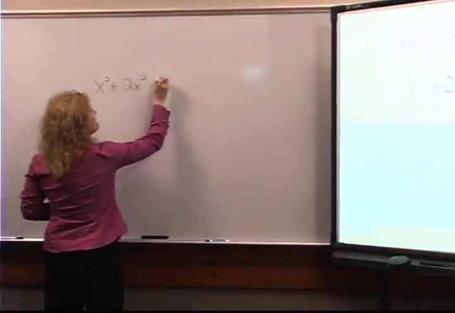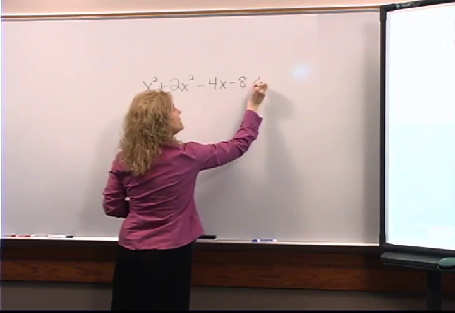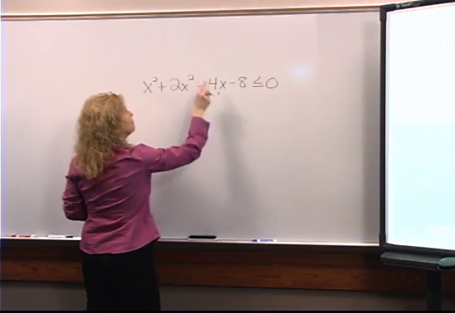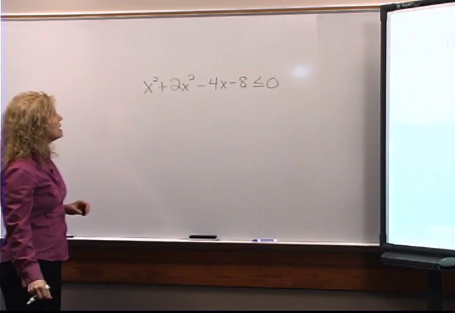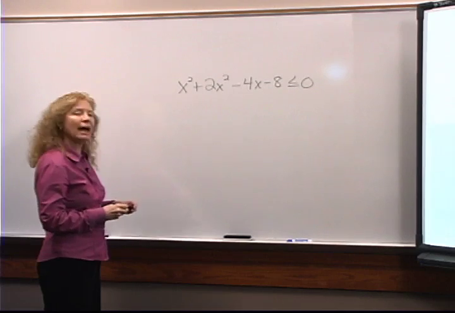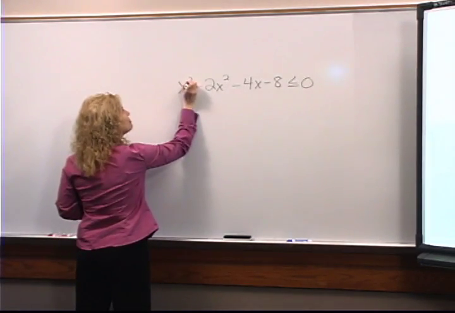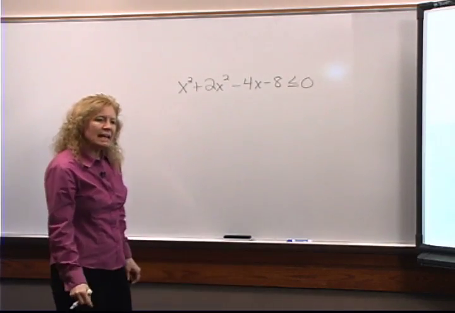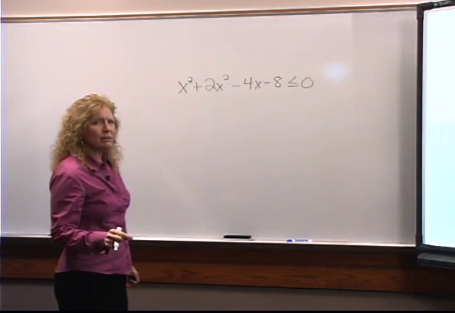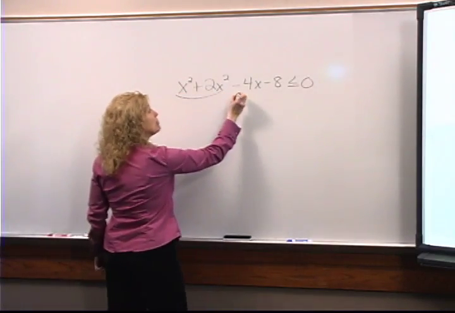So that'll be a minus 4x and a minus 8, and it would be less than or equal to 0. Okay? And then you take a second and look at it and ponder. I have 4 terms. It is a third degree, and I'd really like to factor it. The way we ordinarily can do these is by grouping.